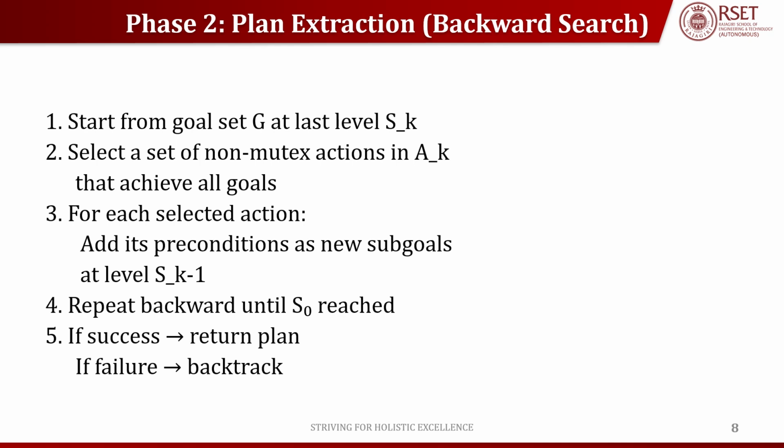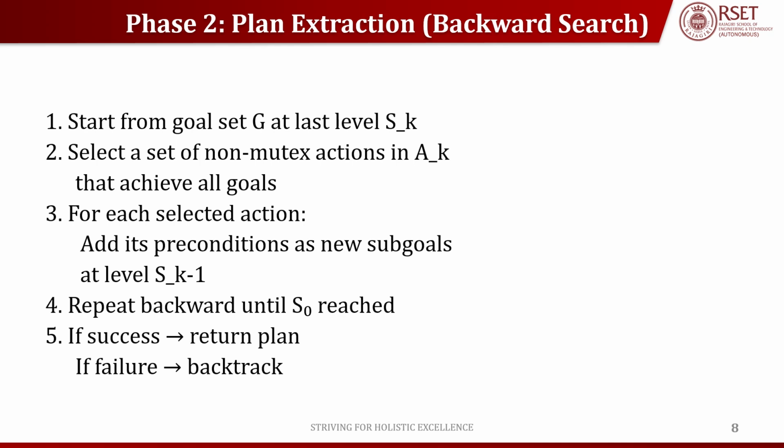Step 3, for each selected action which you are performing, add its preconditions as new subgoals at level Sk-1. Since we are performing backward search, that is equal to Sk-1 steps. Next, step 4 is to repeat this backward process until we reach our initial state, that is S0.